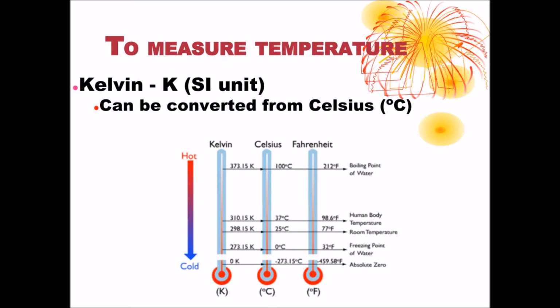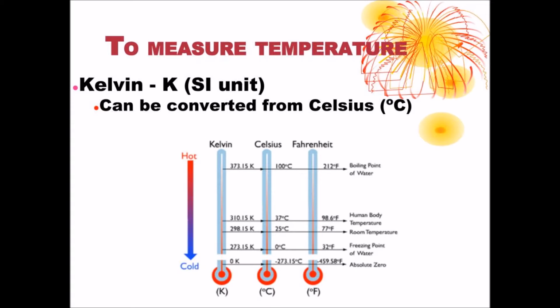We will always use Celsius. When we need to convert from Celsius to Kelvin, we will add 273. C to K, Celsius to Kelvin, goes forward in the alphabet, therefore we add. When we are moving from Kelvin to Celsius, we are going backwards in the alphabet. K to C goes backwards, therefore we subtract.